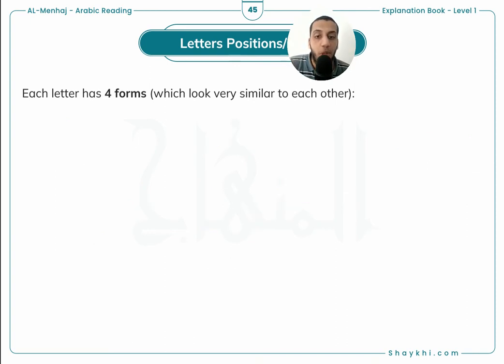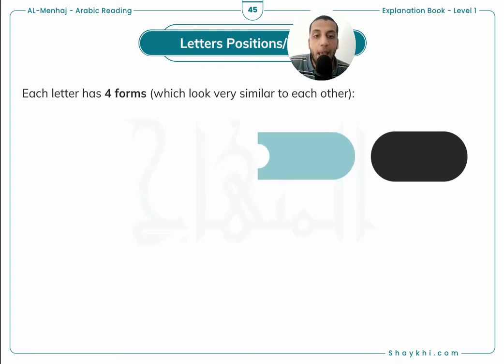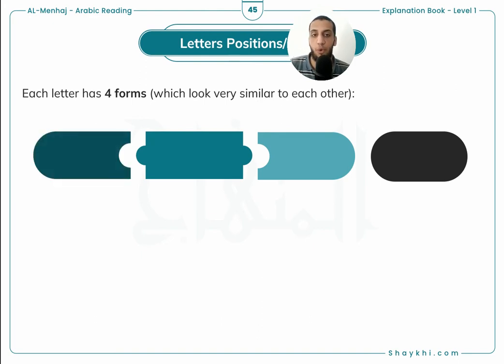So now we have this form, and this form, and this form, and this form. This is what we meant by each letter has 4 forms. So what do all these forms mean? First of all, the first one is called the isolated form, which means the letter as a single letter.